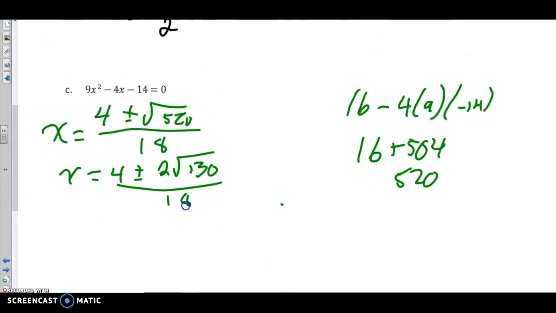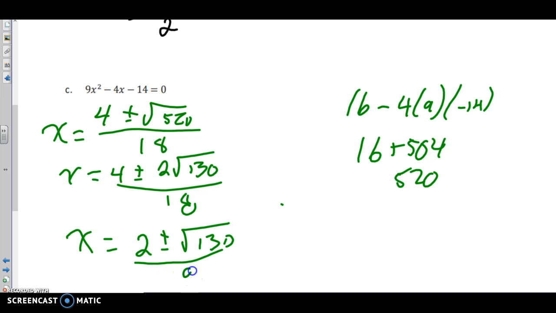And when I simplify that, I divide everything by 2. 2 plus or minus the square root of 130 all over 9. Everything's positive, so I have 2 real solutions.